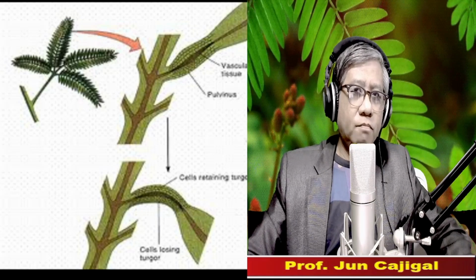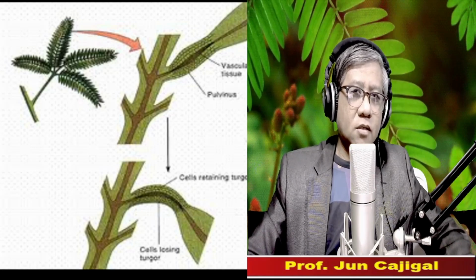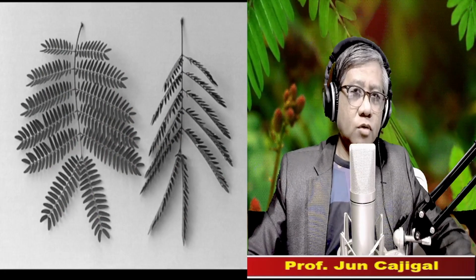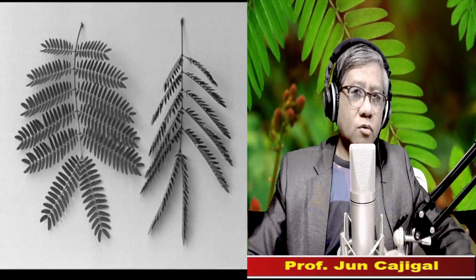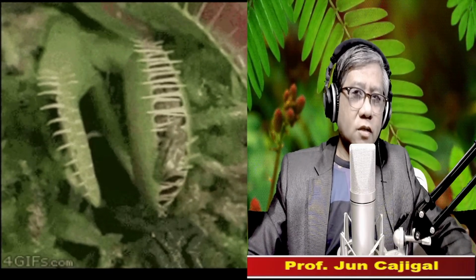Now another example of a plant that exhibits seismonasty aside from Mimosa pudica is the so-called Venus flytrap. So here is a video clip of the movement of the Venus flytrap. So the explanation of this is pretty much the same as Mimosa pudica.